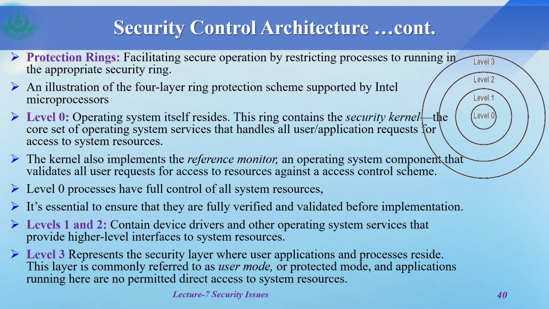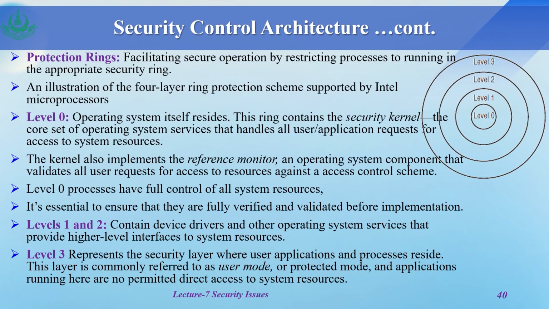Level 1 and Level 2 contain device drivers and other operating system services that provide a higher level interface to system resources. Level 3 represents the security layer where user applications and processes reside.